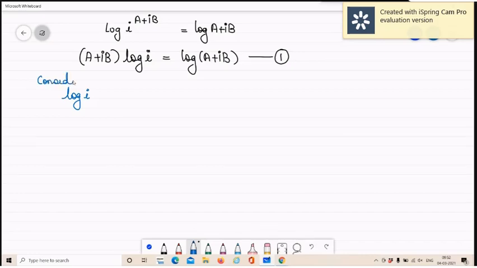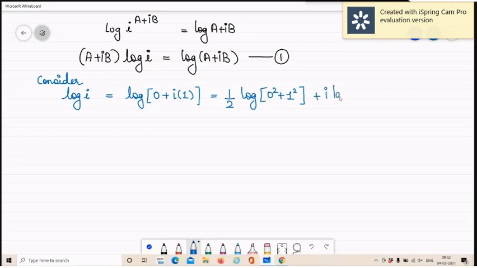Let us concentrate on what log i will be. We have to find that now. Log i is log of 0 plus i into 1. I have to apply the log formula and get it. So what is the formula? Half log of 0 square plus 1 square, plus i tan inverse of 1 by 0.